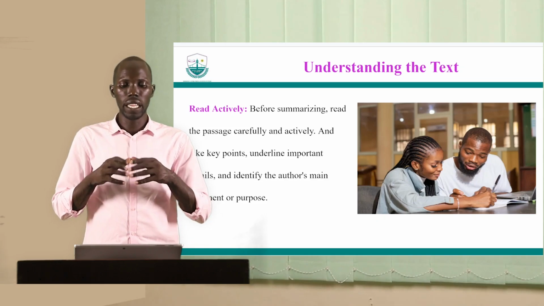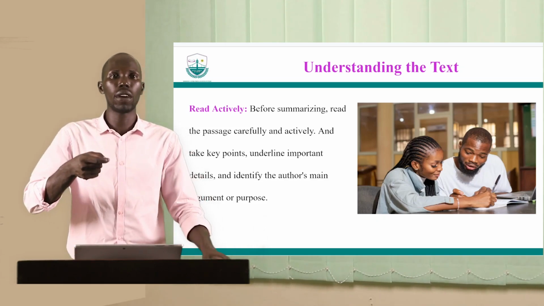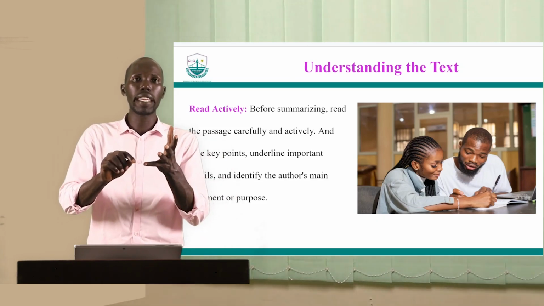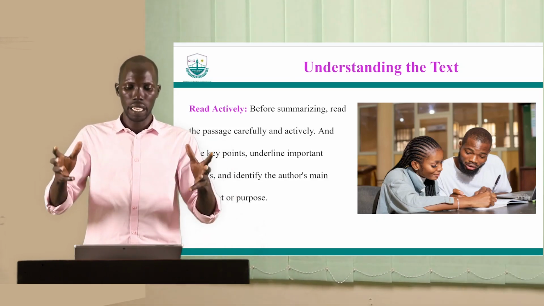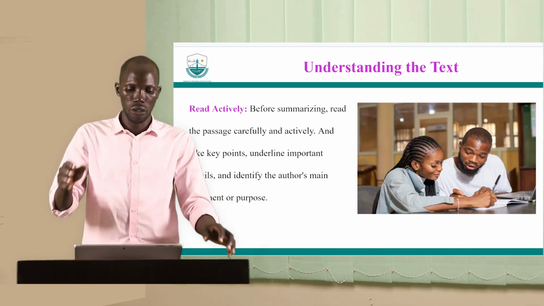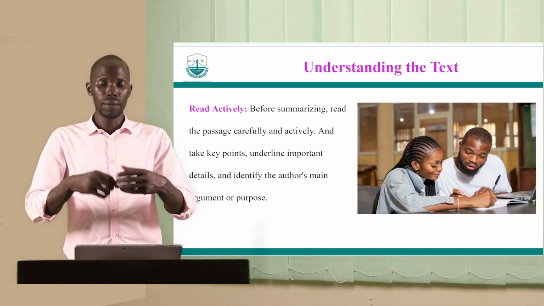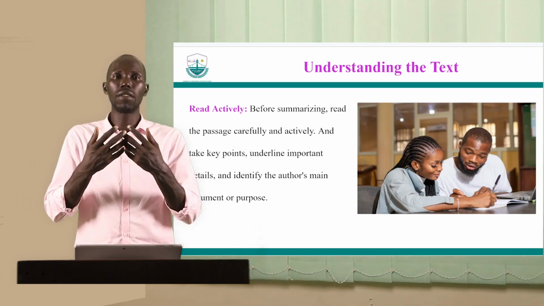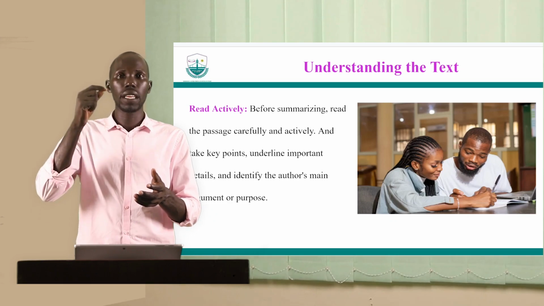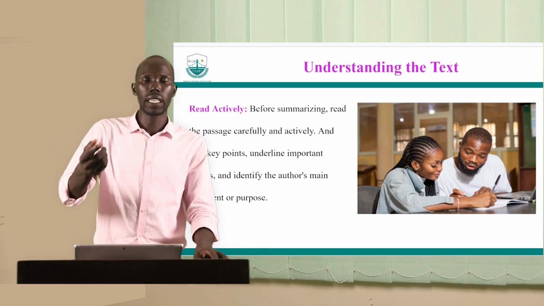Those are important things that you should take note of when you're summarizing a text. It is from these main ideas that you had underlined in the original text that you will come up with a shorter version of the original text, which means reading the text actively with understanding and then taking notes is something important in your understanding of the text.